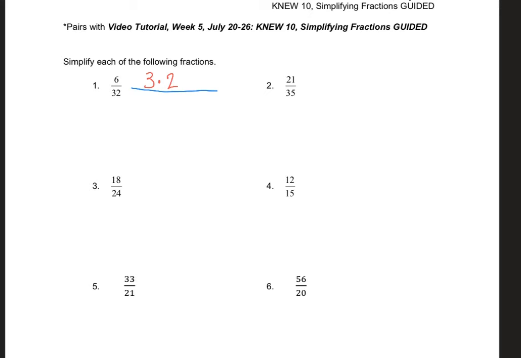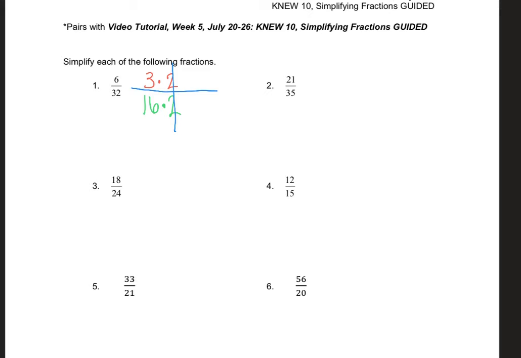So I can write my bottom number as 16 times 2, and I can cancel out or divide into 1 the 2's. So now it leaves me with 3 over 16.